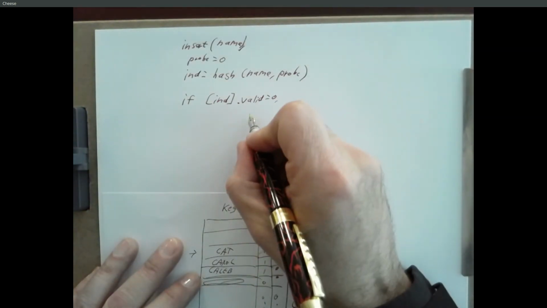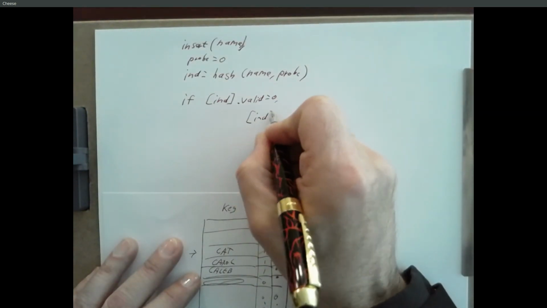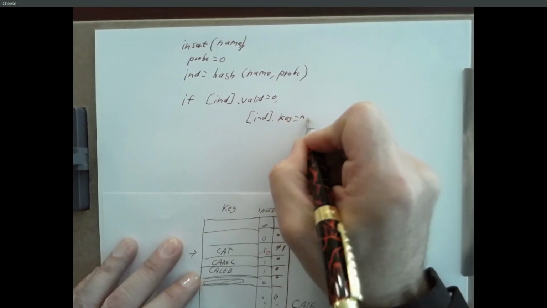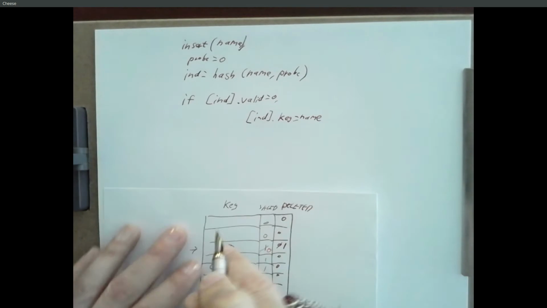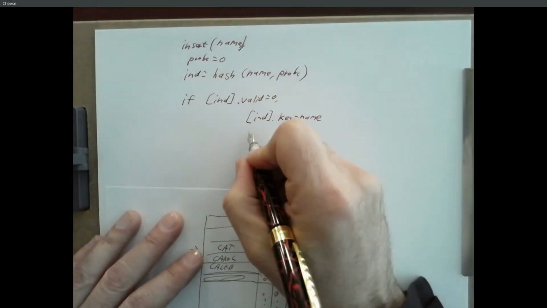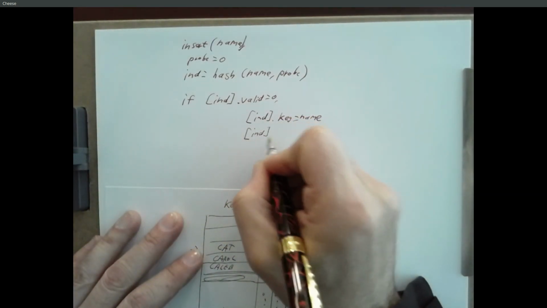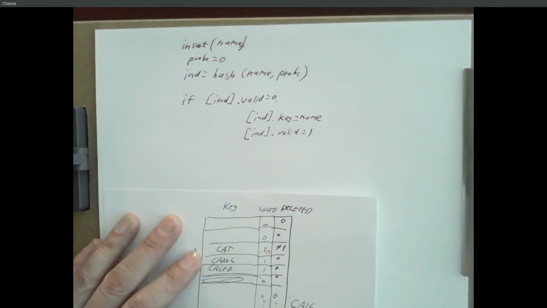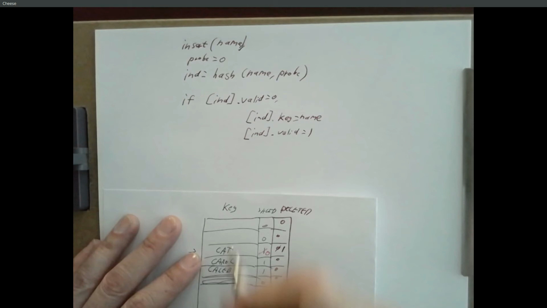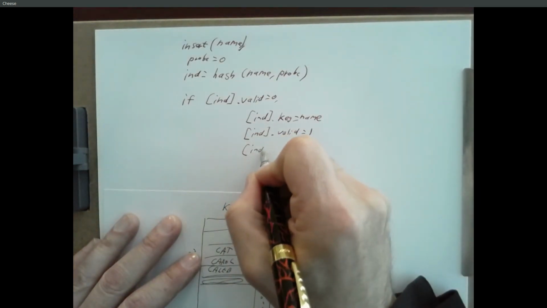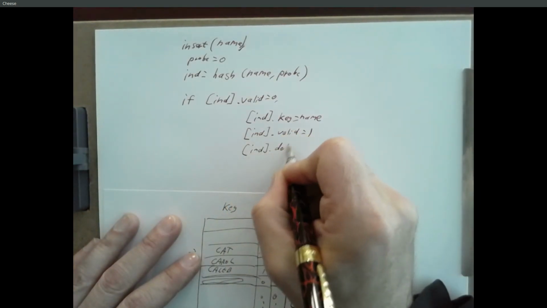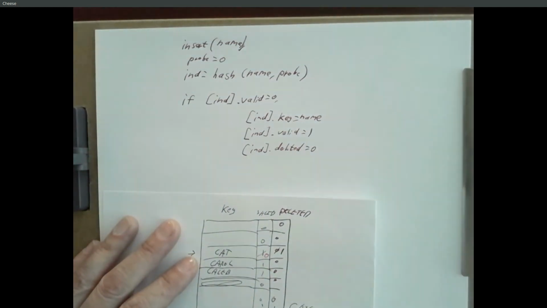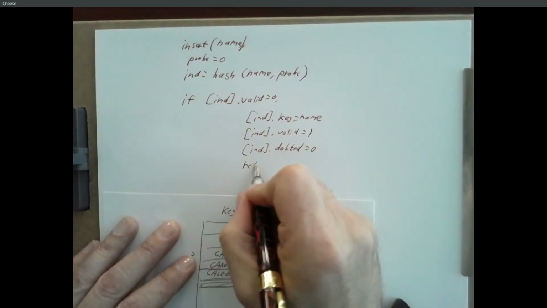So I'm going to save the name in the key field. I'm going to set the valid field equal to 1. You don't really need to do this, but I'm going to go ahead and set the deleted flag equal to a 0, and we're done.